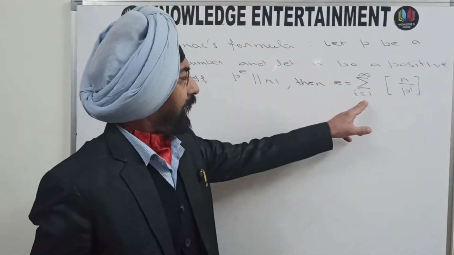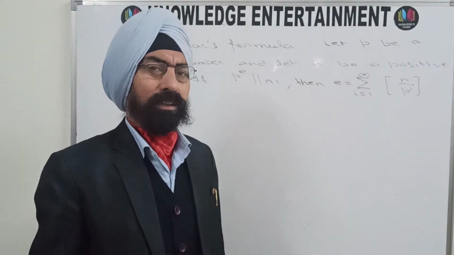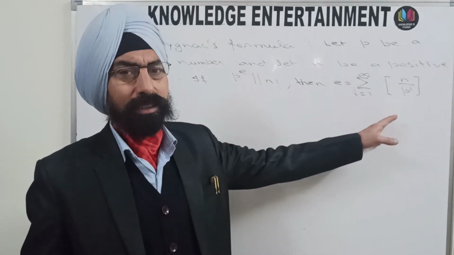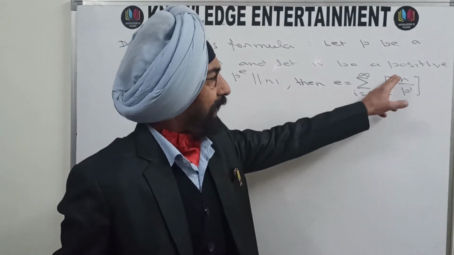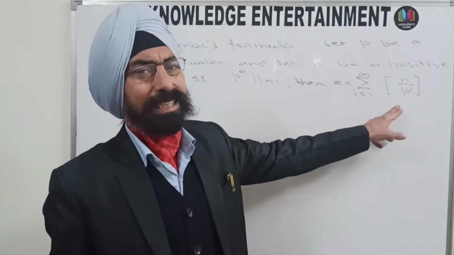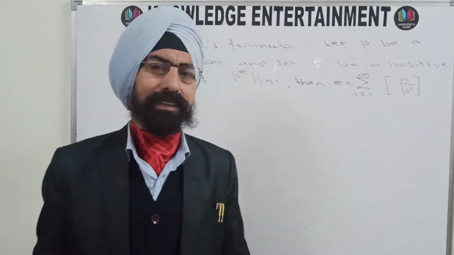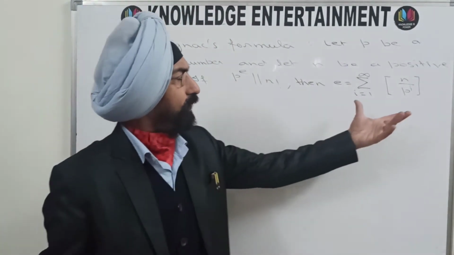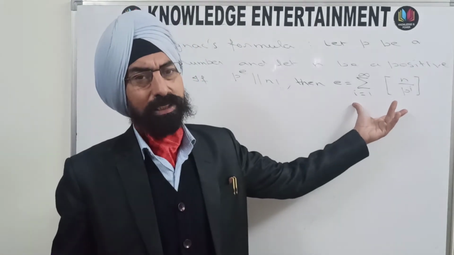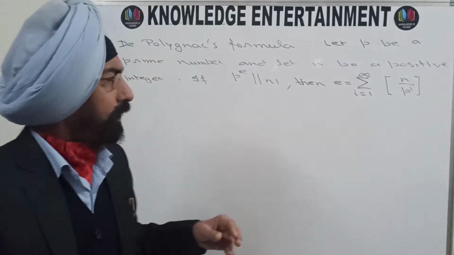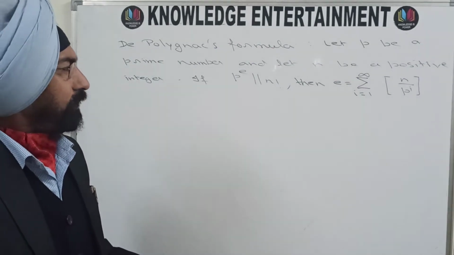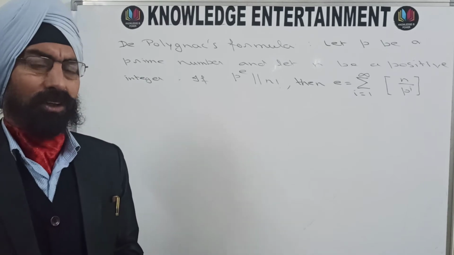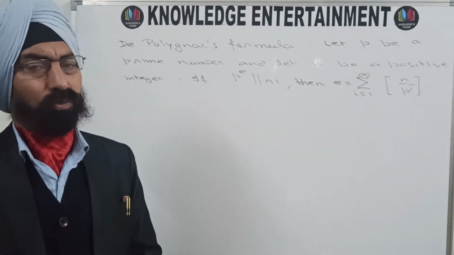Here we have mentioned i varies from 1 to infinity, so it looks like it will contain infinitely many terms, but it does not, because whatever n is, whatever p is, at some stage p power i will become greater than n, and after that all the terms of this sequence will become 0. So we will have only a finite number of terms in this summation. So first of all, let us have an application of this, then we will move on to the proof.